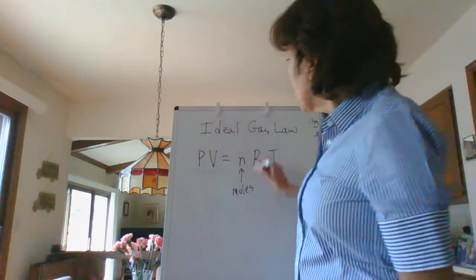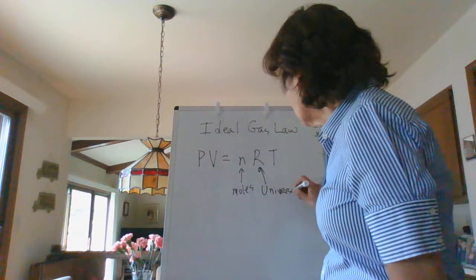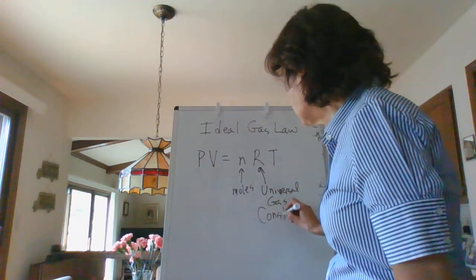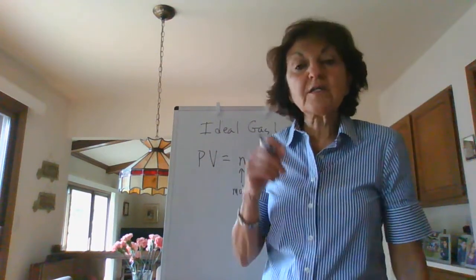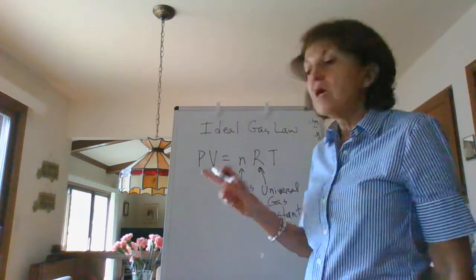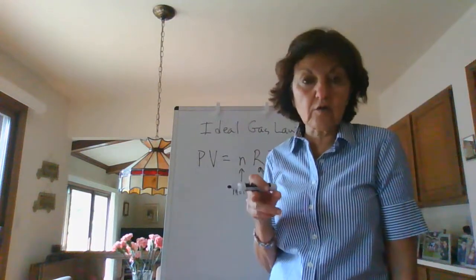Okay, R is the universal gas constant. Now, there are many different values of R. So it depends on the units that you're using for pressure and volume, and that will determine the R value that you're going to use.